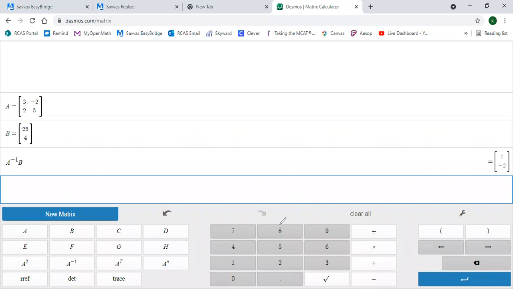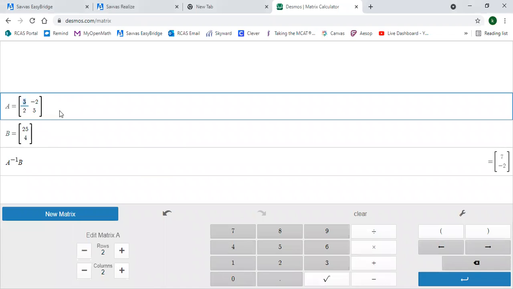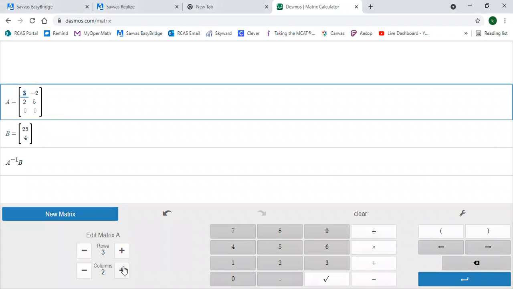And we'll get rid of these. There was an all clear button here somewhere. I don't see it. Well, let's make this into a 3x3 and we'll just use these. So let's see.